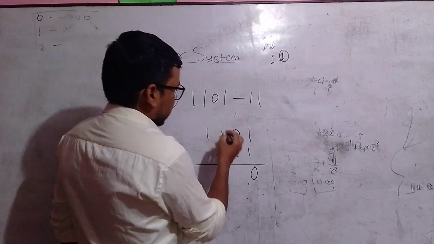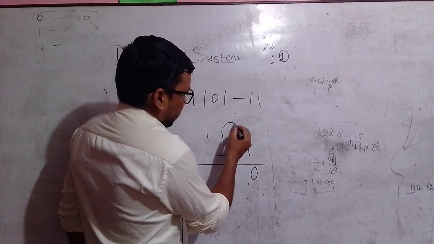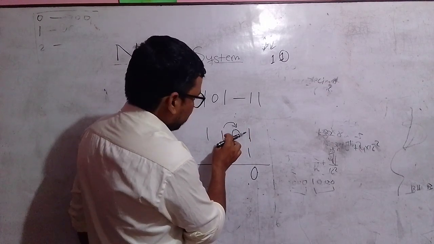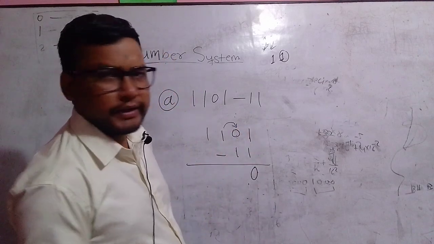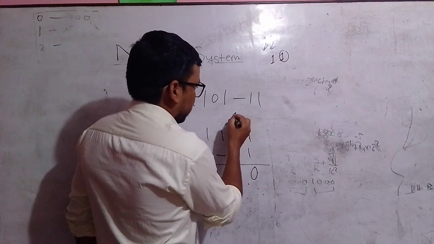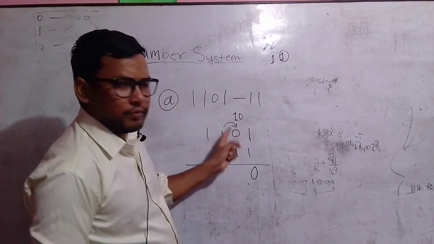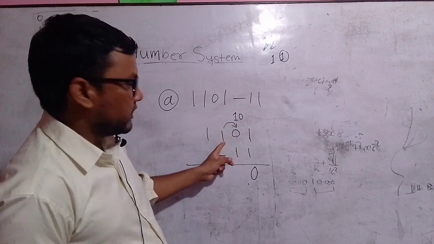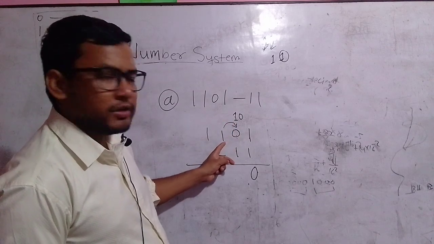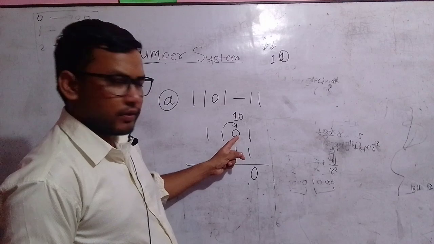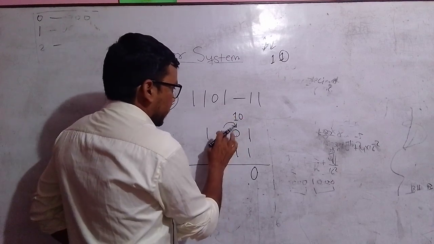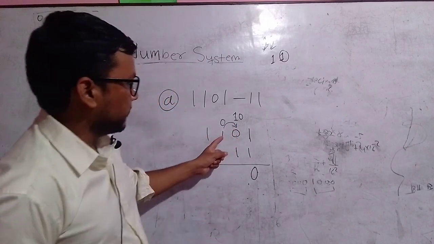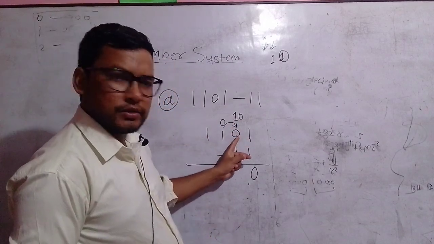When it takes one borrow from its left-hand side digit, this 0 becomes 10. 0 is converted into 10 because this one is one position higher than this position. This becomes 10 and the 1 is converted into 0 because it goes to the next position.